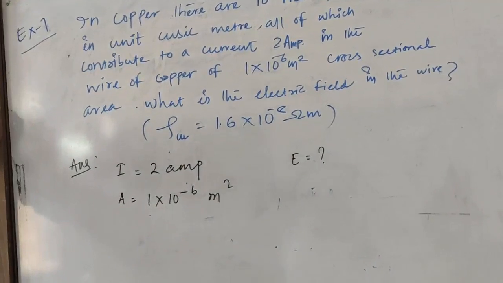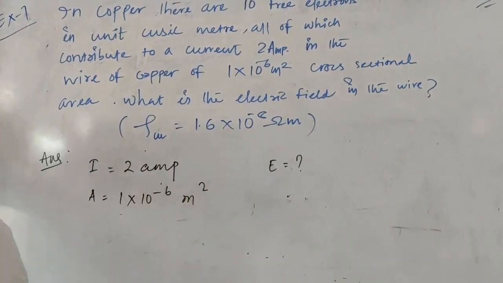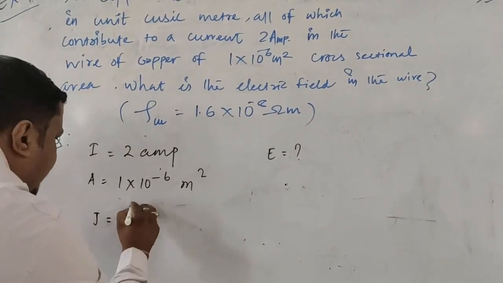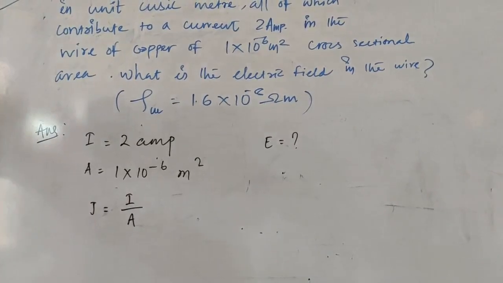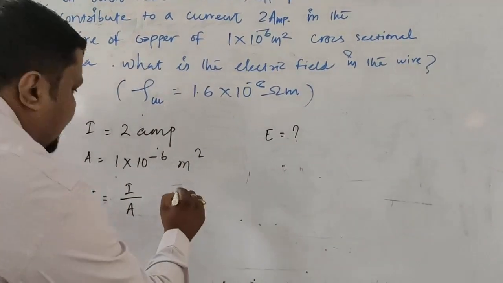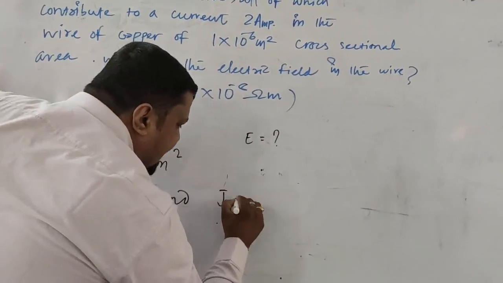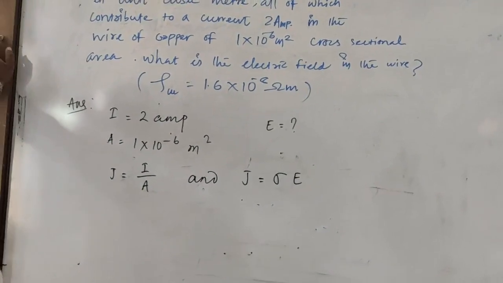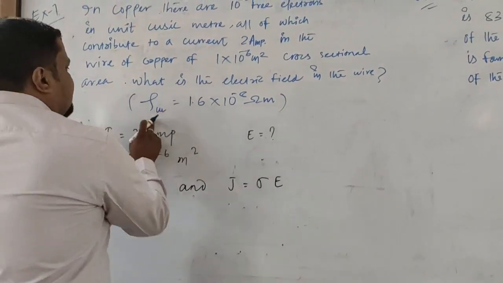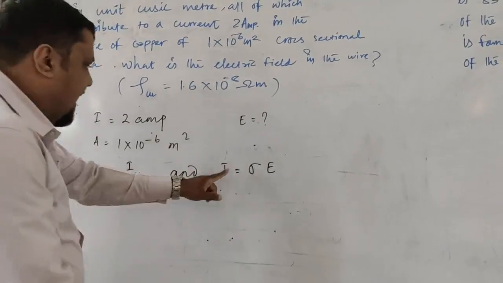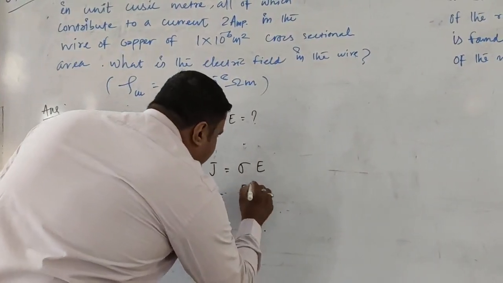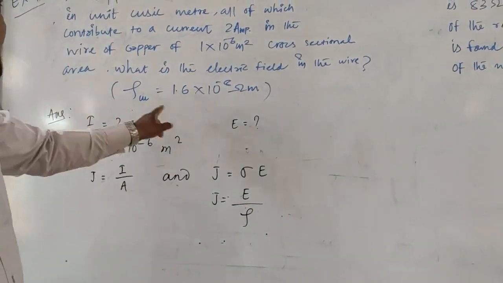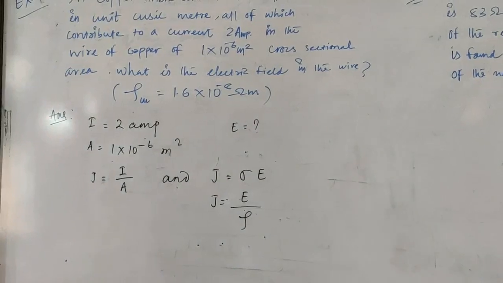So how to calculate this electric field? As you know, the current density J is equal to current per unit area, I by A. And we also know how current density relates to electric field: J is equal to sigma into E. Here the resistivity is given, and sigma is conductivity, which is equal to 1 by resistivity rho.